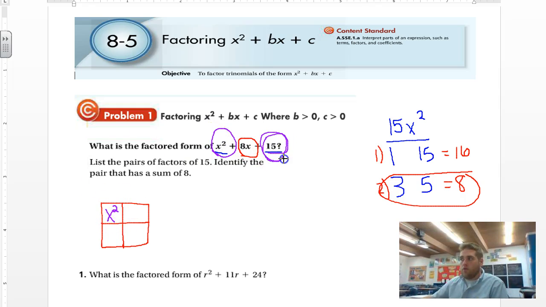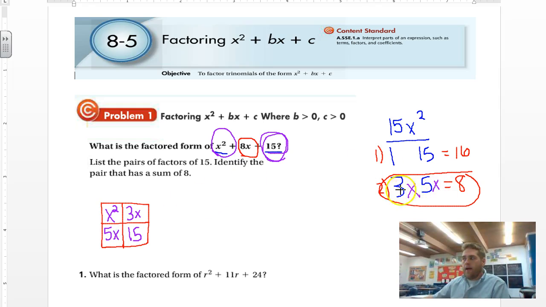Last term, last box. First and first, last and last. Hopefully that makes sense. Now these two, 3x and 5x, go in the other two boxes. So we have 3x here and 5x here.